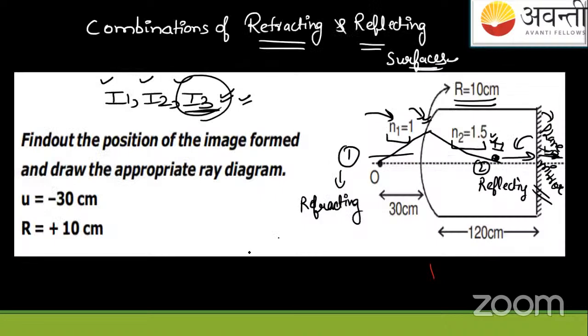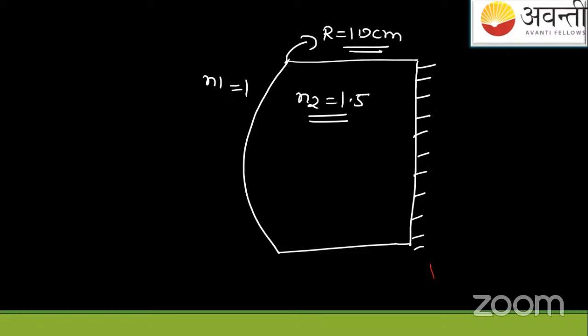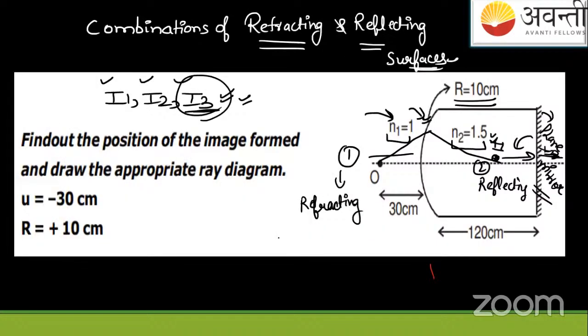Okay, if you focus here, this has refractive index N1 equals 1. This is R equals 10 centimeters.